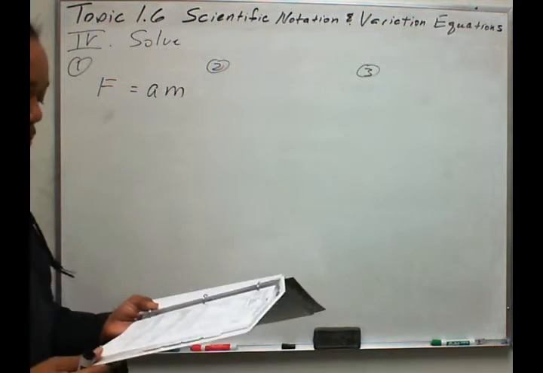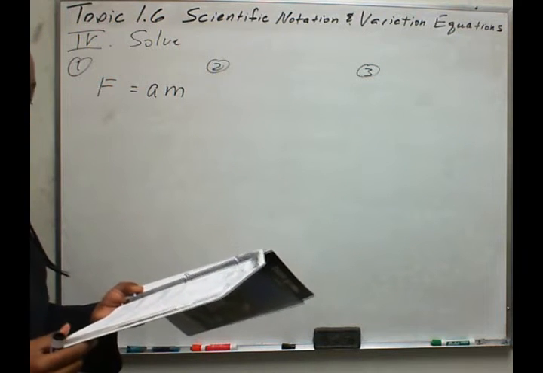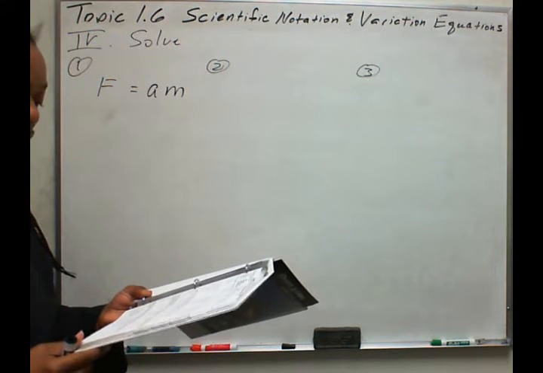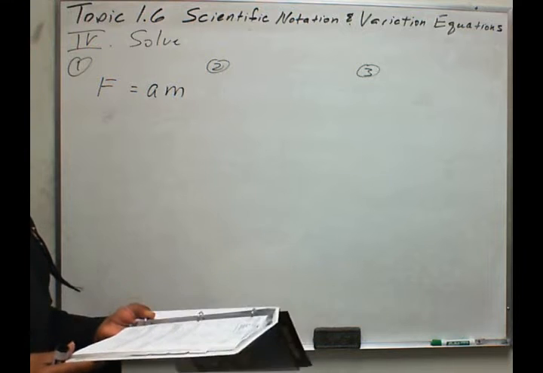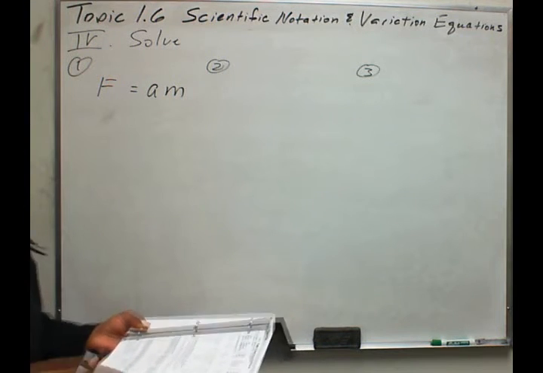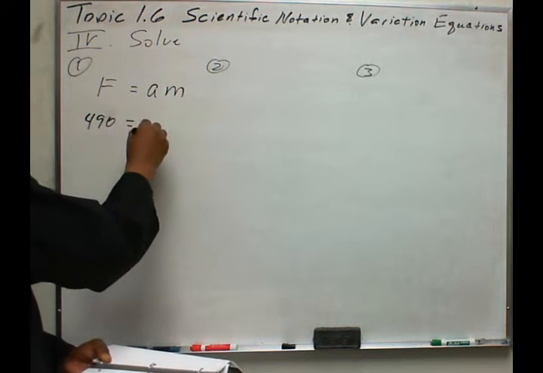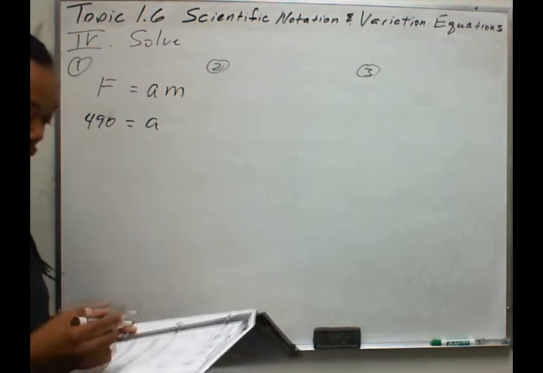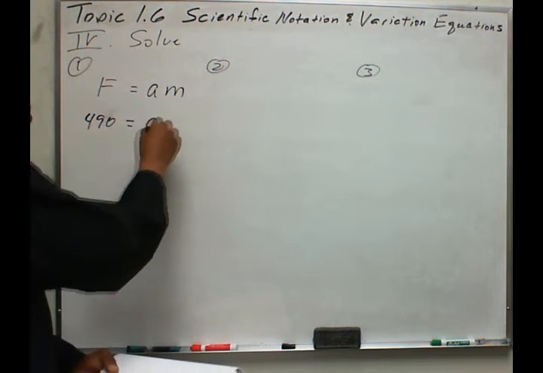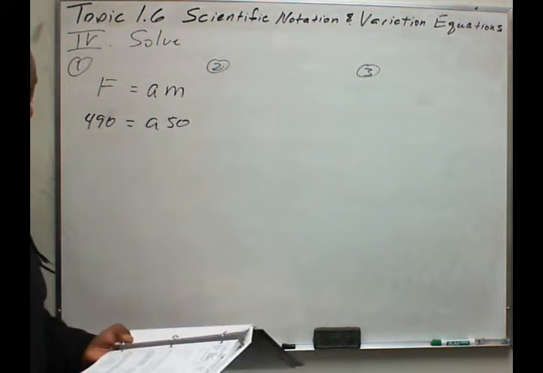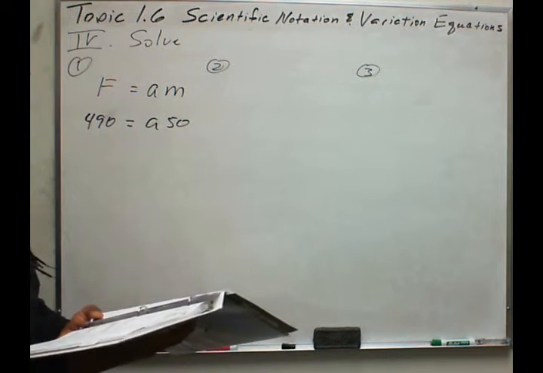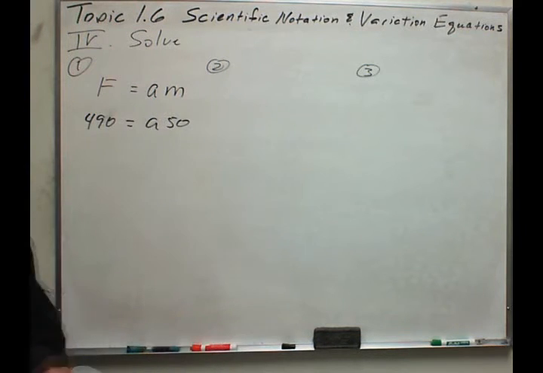Furthermore, we're told that a falling object has a mass of 50 kilograms and a force of 490 newtons. So the force is 490 when we have a mass of 50. We're asked to find the variation formula.